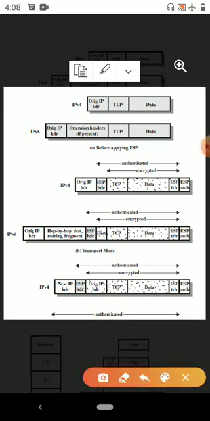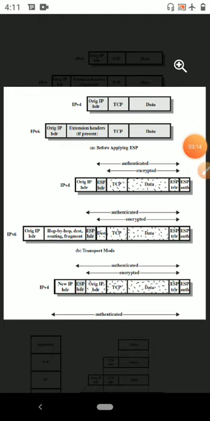See here, ESP trailer. If authentication is selected, the ESP authentication data field is added after the ESP trailer. The entire transport level segment plus the ESP trailer are encrypted. See here, ESP authentication is added.